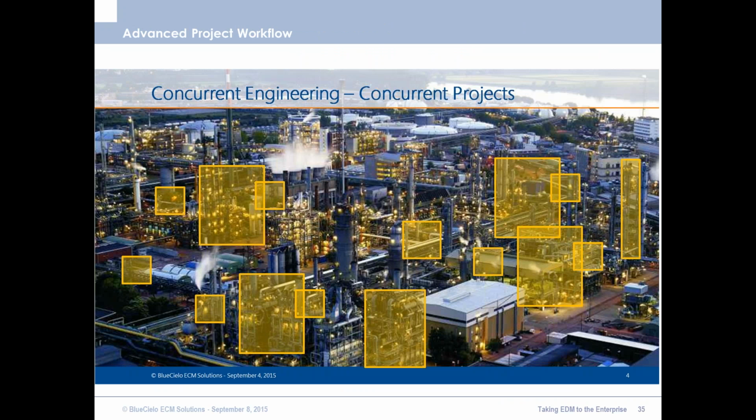And then the last module I want to discuss is the advanced project workflow. From the picture, you see it's generally designed for large plants like chemical plants, refineries, utilities, steel plants, where going on through your facility, you've got a number of engineering projects going on at the same time.